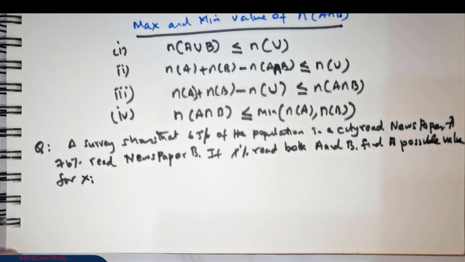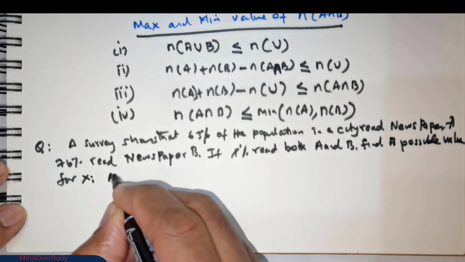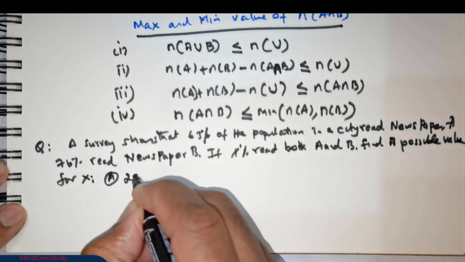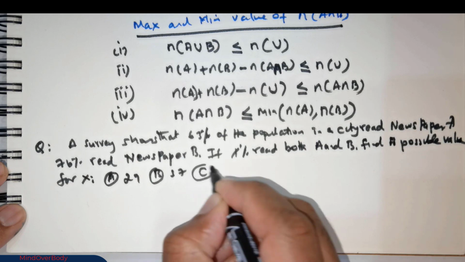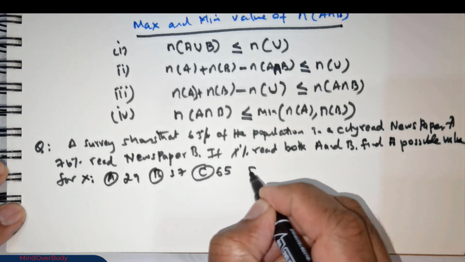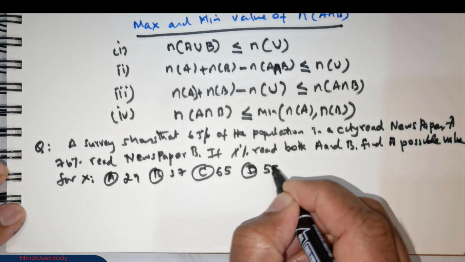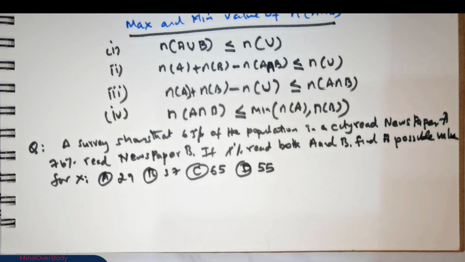This is what is required. Now what we are going to do is we are going to give the choices. The choices are given as A is 29, B is 37, C is 65, D is 55. So these are the choices that are being given.